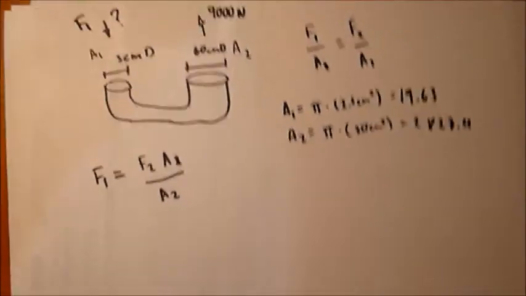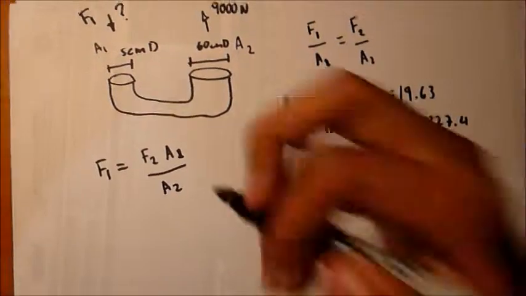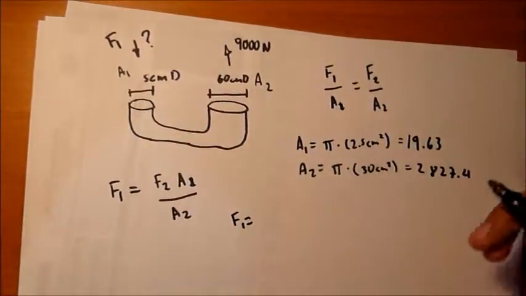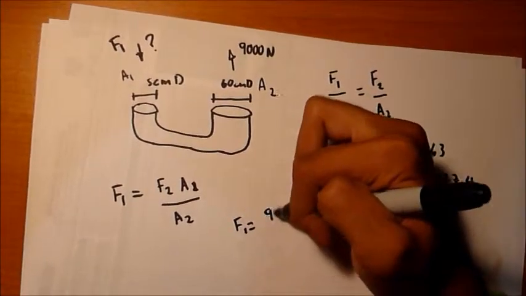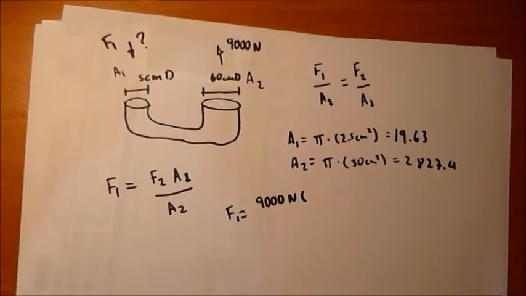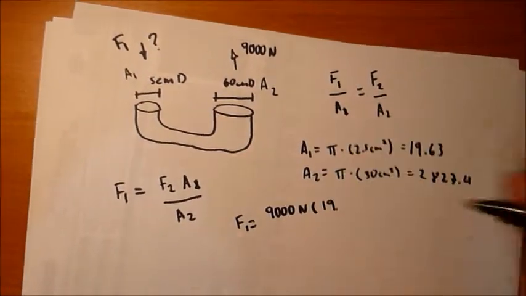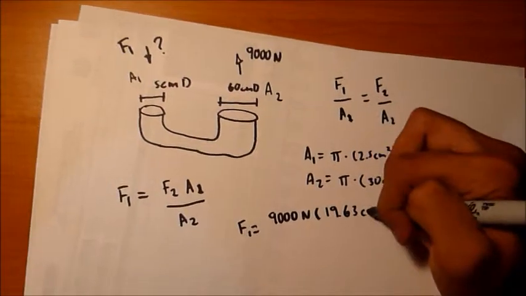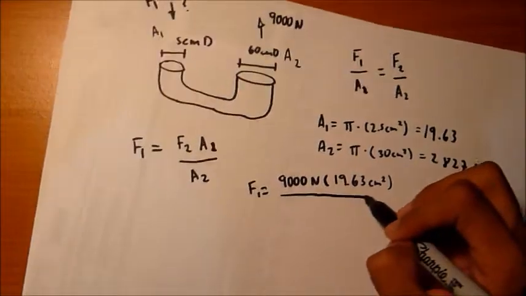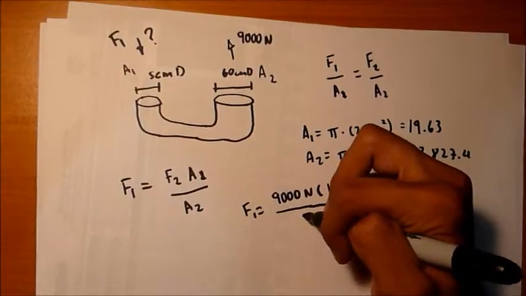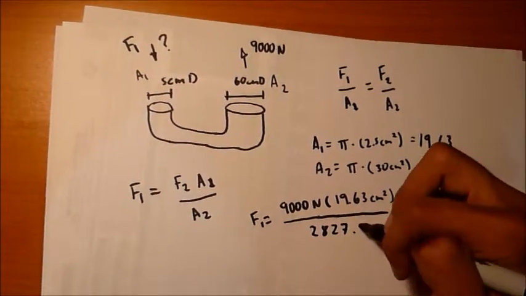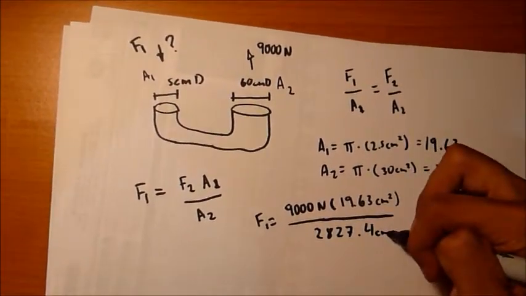We just have to substitute the values, so force 1 is equal to our force 2, which is 9,000 newtons, times our area 1, which is 19.63 centimeters squared, over area 2, which is 2,827.4 centimeters squared.